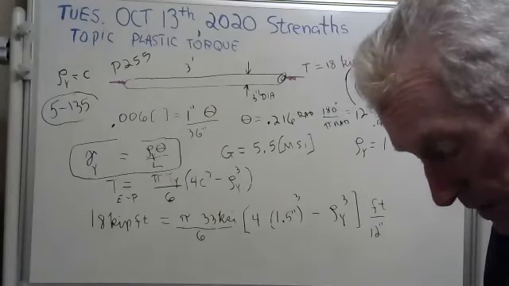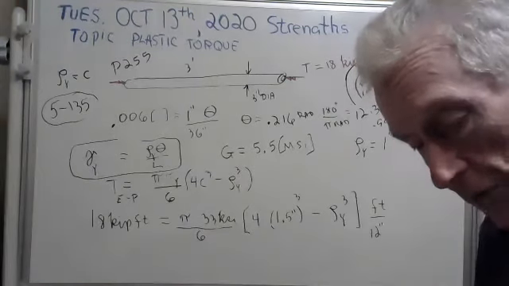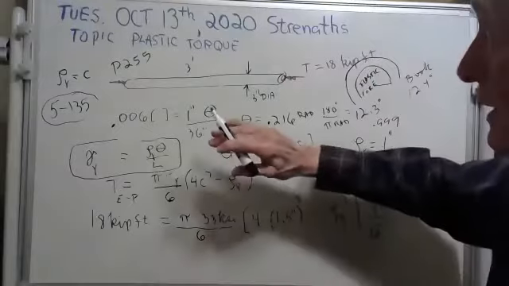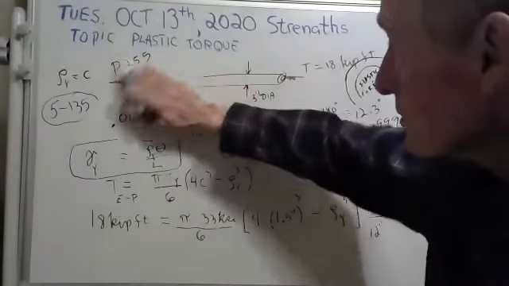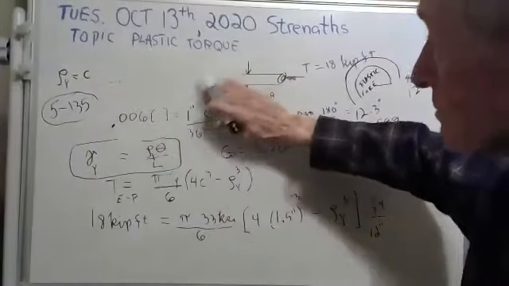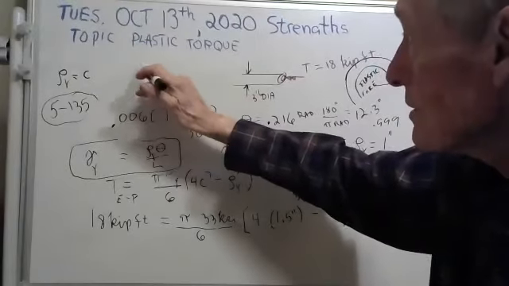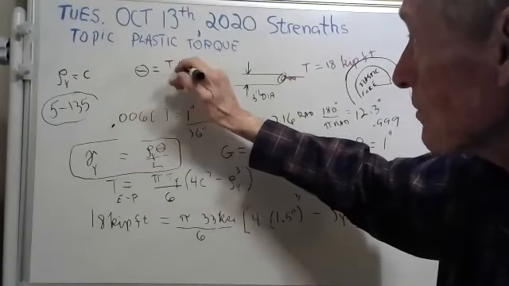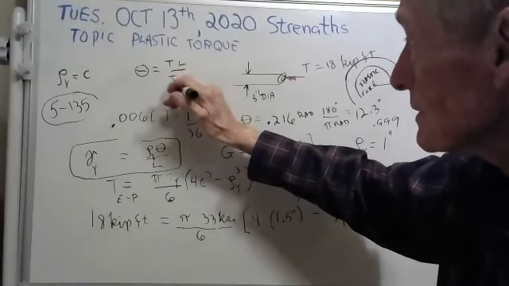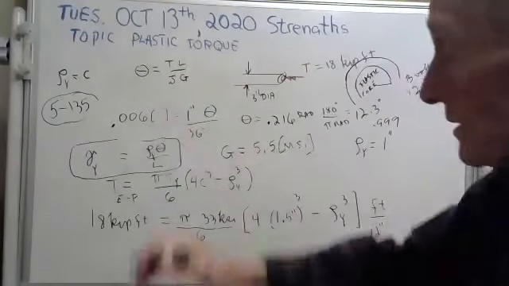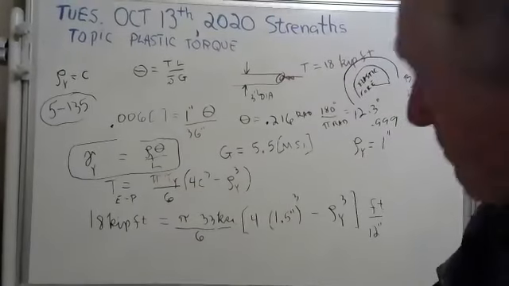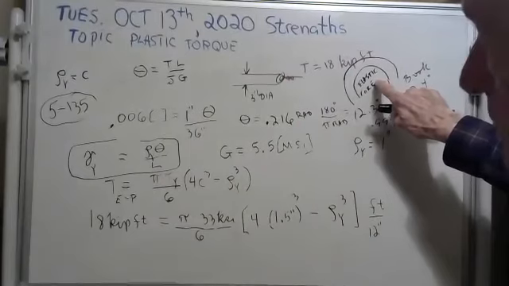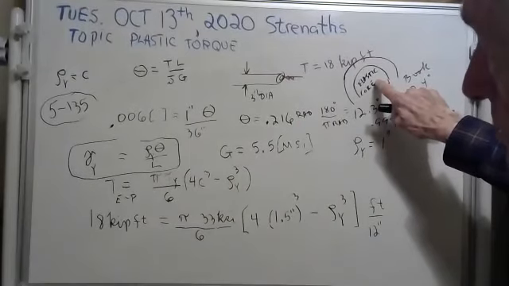Now, if I had time, I would show you there is a way to use that angle of twist equation. Here, let me outline this for you. We have a lovely equation that goes like this, but it only works in the elastic region. Well, we do have an elastic region. The elastic core is an elastic region.